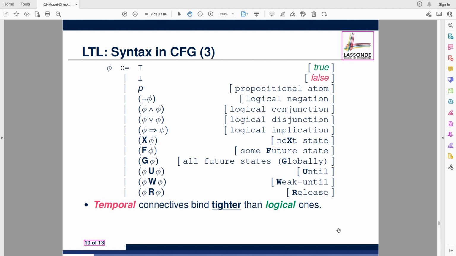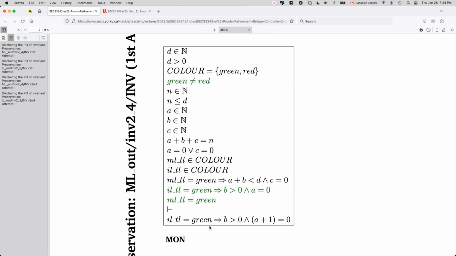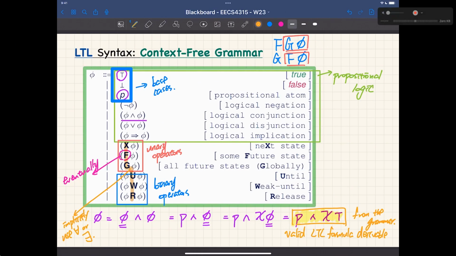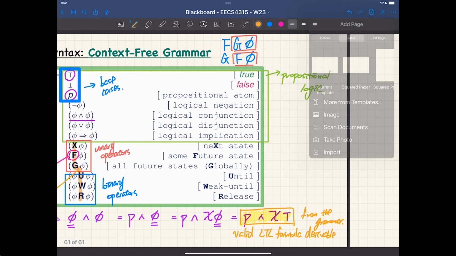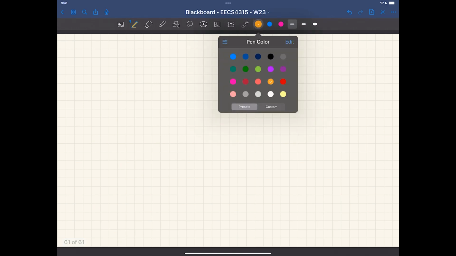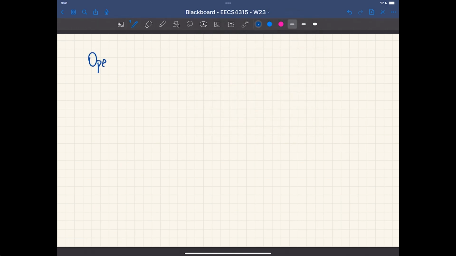Okay, and let's talk about some precedence issues, about how we should bind a formula if we don't have any parentheses. Here are the principles we're going to adopt. Number one, the temporal operators should bind tighter than logical ones. I'll give you one example. We talk about operator precedence.